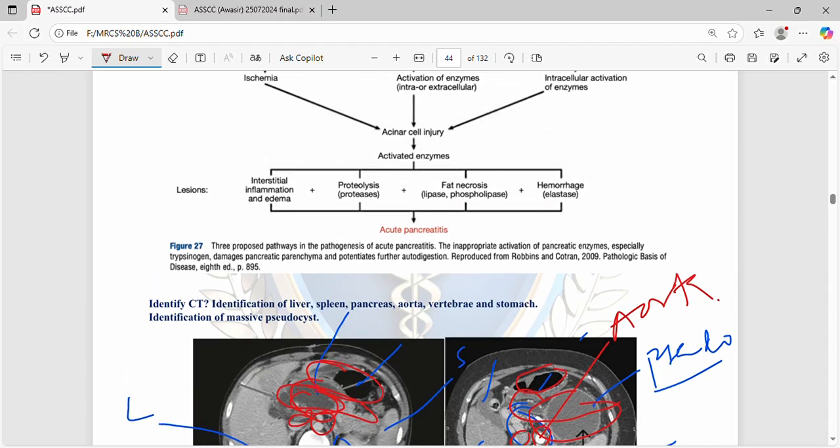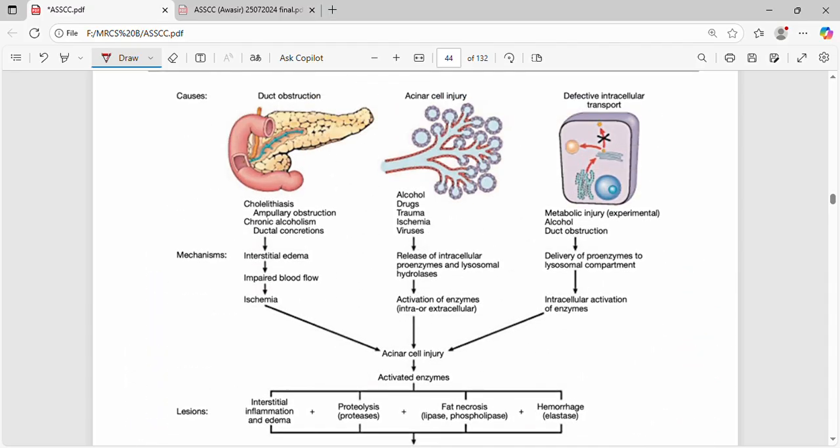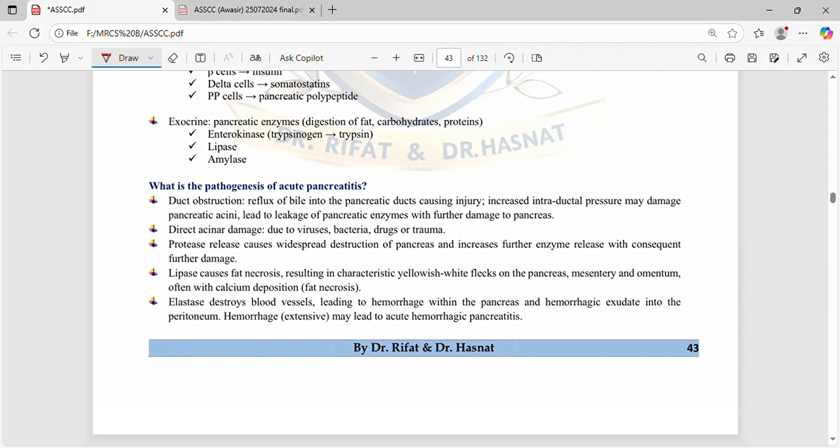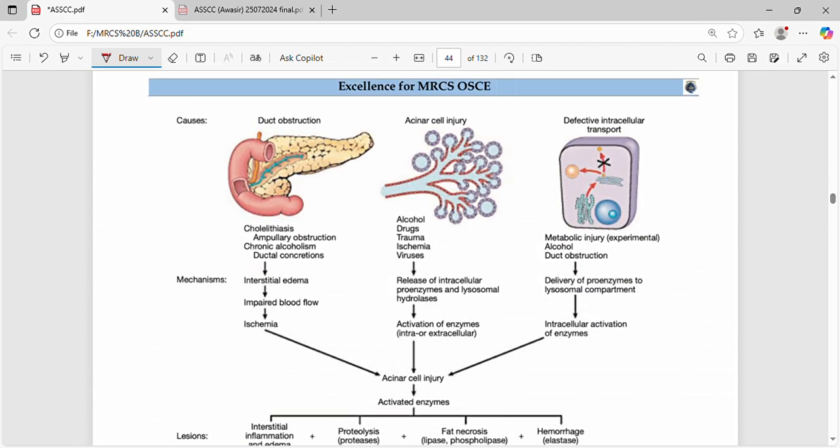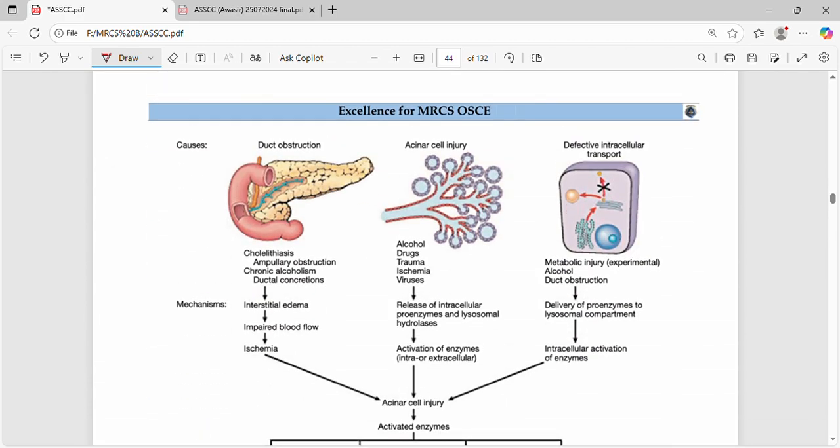Before finishing this video, we can come to the pathogenesis or pathophysiology of acute pancreatitis. We studied the causes. Duct obstruction: any stone in the CBD will cause back pressure here in the pancreatic duct, and it will cause stasis of the enzymes, damaging the pancreatic parenchyma.